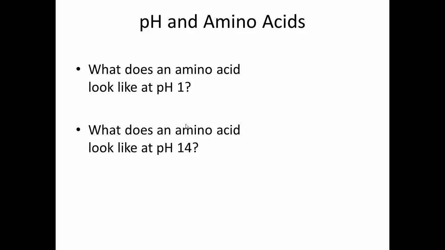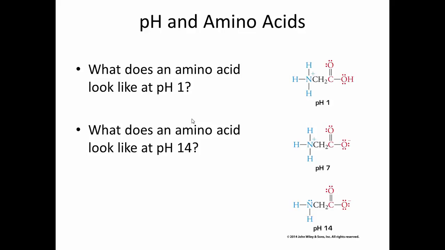So we can look at amino acids at different pHs, and they look different at pH 1 versus pH 7 versus pH 14. At pH 1, so we're talking about that pKa of 2, we are protonated on the carboxy terminus, the carboxylic acid end, but we are also protonated on the basic side, on the amino terminus.